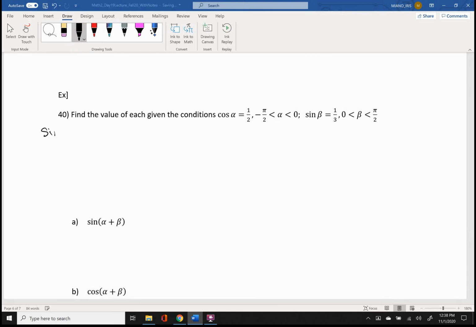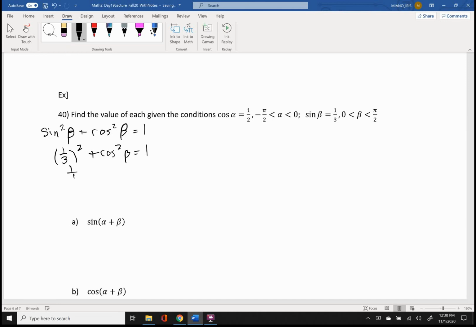So we've got sine squared beta plus cosine squared beta equals 1. We know this, right? That's the Pythagorean identity. Well, go ahead and put sine beta in and square it for this first term. We'll get 1/3 squared. And we'll be able to solve for cosine beta in a couple of steps.